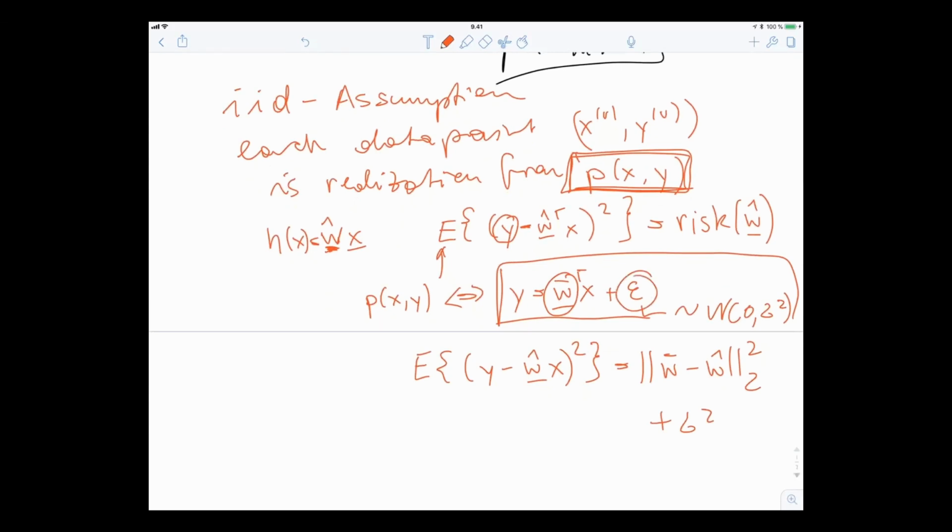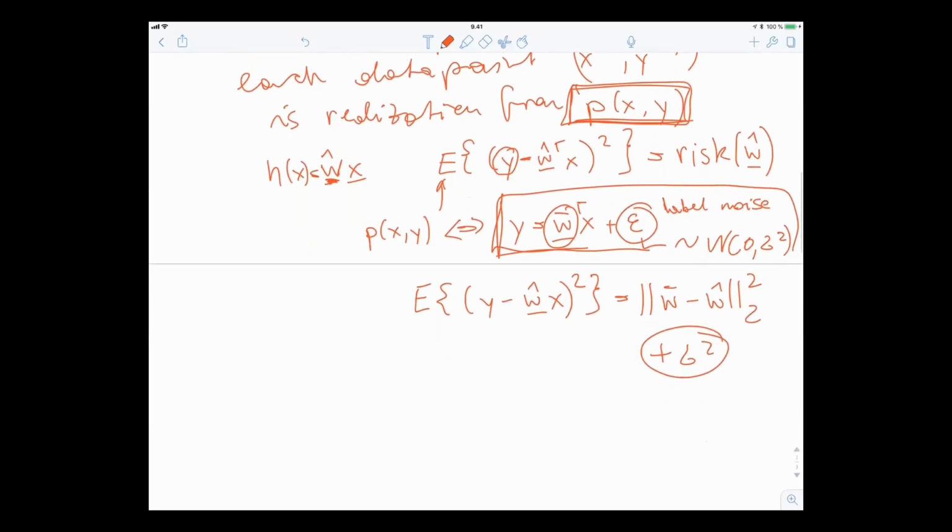And so this is what we call an intrinsic noise or label noise. There's no way to learn these parameter vectors better, if this model is true, is accurate, than sigma squared. This is the intrinsic noise in the labels. We cannot overcome this. Okay, any questions at this point?